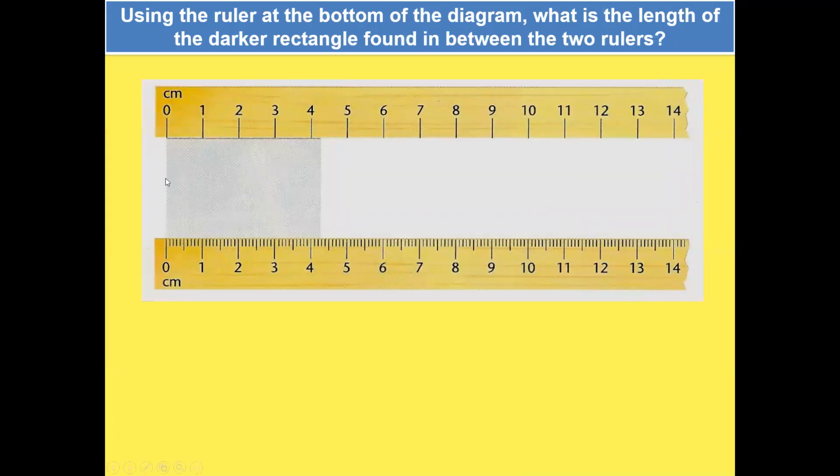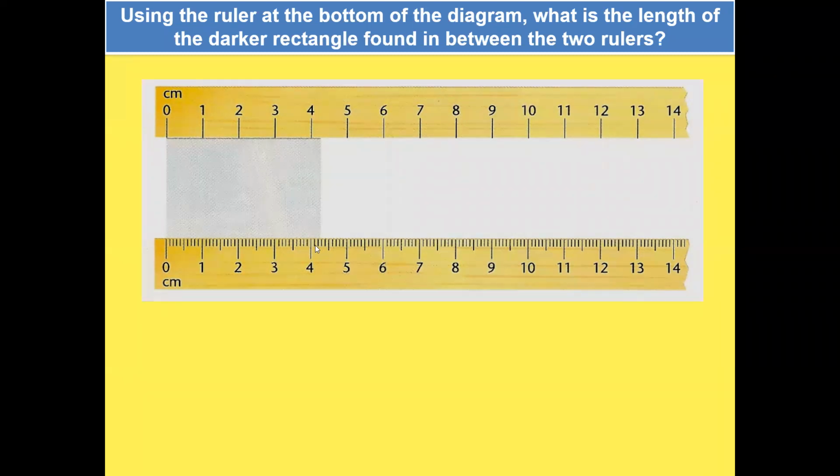Now, if we come back and measure here, but now we use this lower ruler, what would somebody say the measurement would be here? 4. Well, let's see what we got here. Here's my 4. I know that for sure. And then I can count 1, 2.